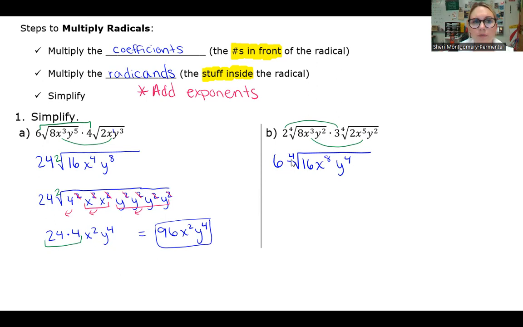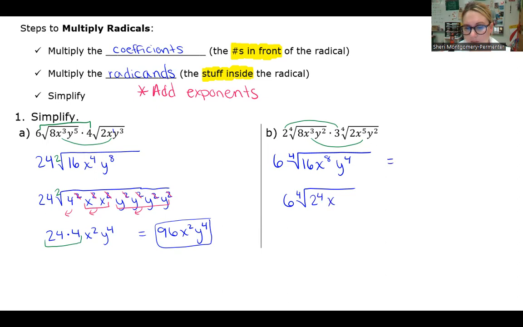Alrighty, now I want to rewrite things with an exponent of what? 4. So I can use my chart and look down the x to the 4th column and see if I can reduce that. Do you find 16 in the x to the 4th column? Yeah, it's 2. And then I'm going to rewrite the x's.